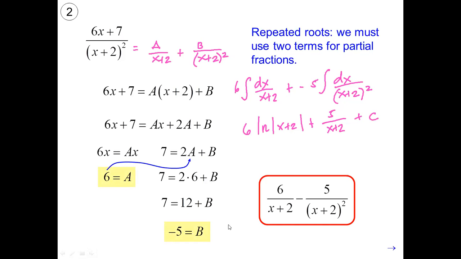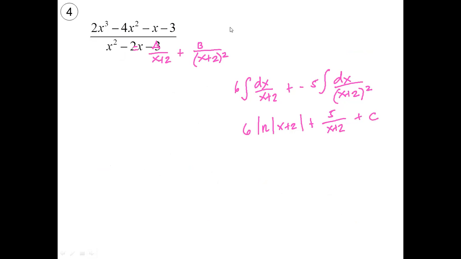So this is just your partial fraction. The answer to the integral is this one. Do you have any questions? Okay, none. So let's proceed. So let me just erase the markings. Okay, what about this?